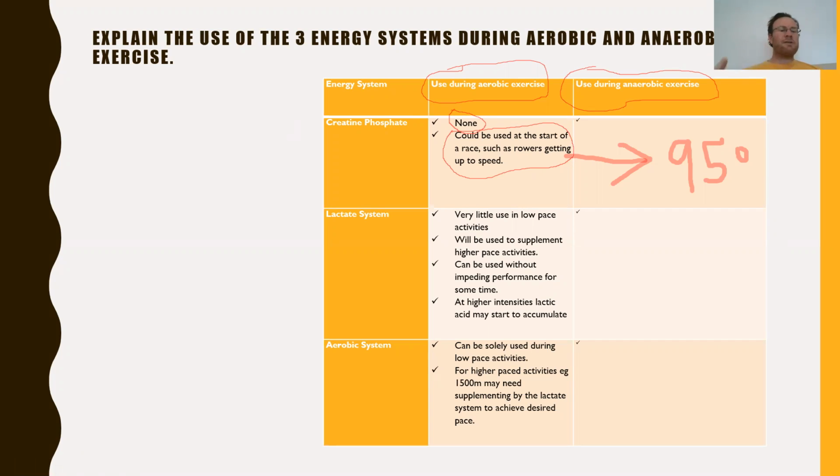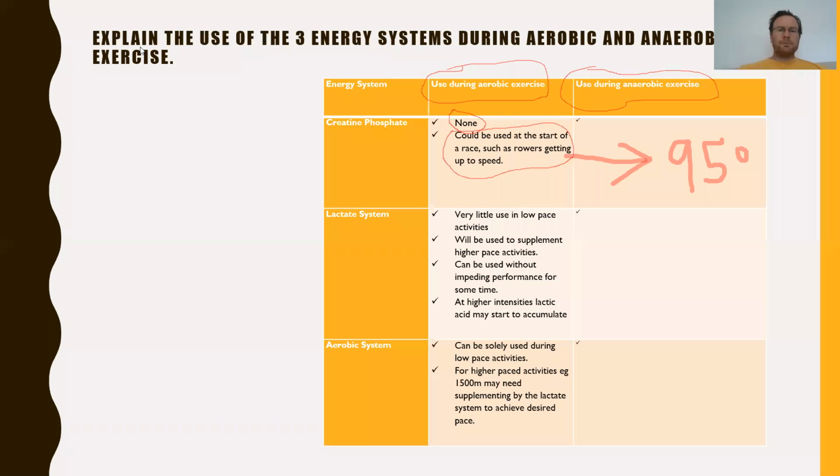So you're going to need to reference that to say we use it during anaerobic exercise in really high intensity situations where we're working at 95% or higher. We might use it in something like a sprint start, or for most of a 100-meter race. So I want you to give your ideas to explain how that system's used.